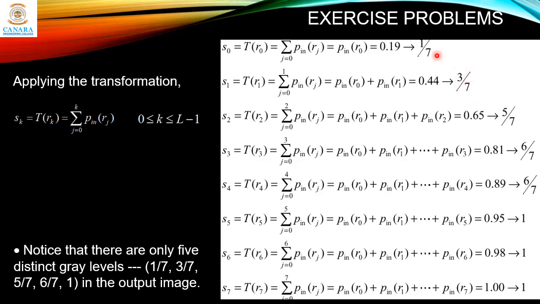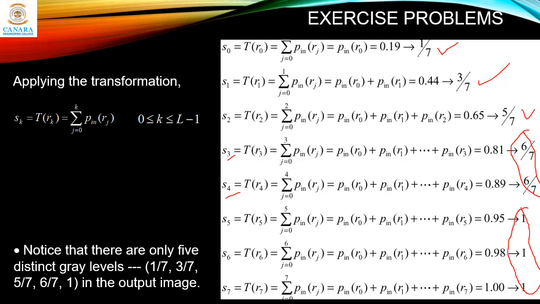So the levels are 1 by 7, and I'll take the pen here. So levels are 1 by 7, 3 by 7, 5 by 7, 6 by 7. We have two mappings, S3 and S4 map to 6 by 7, and we have 1.